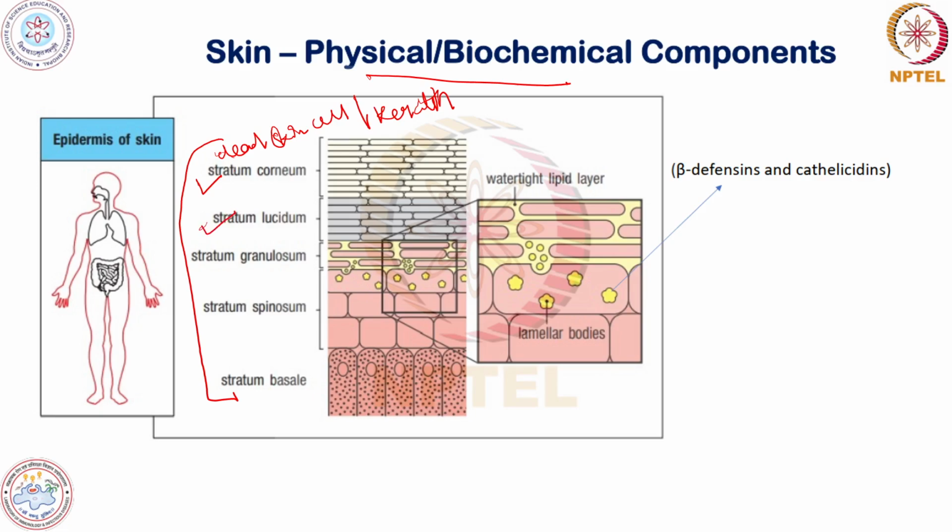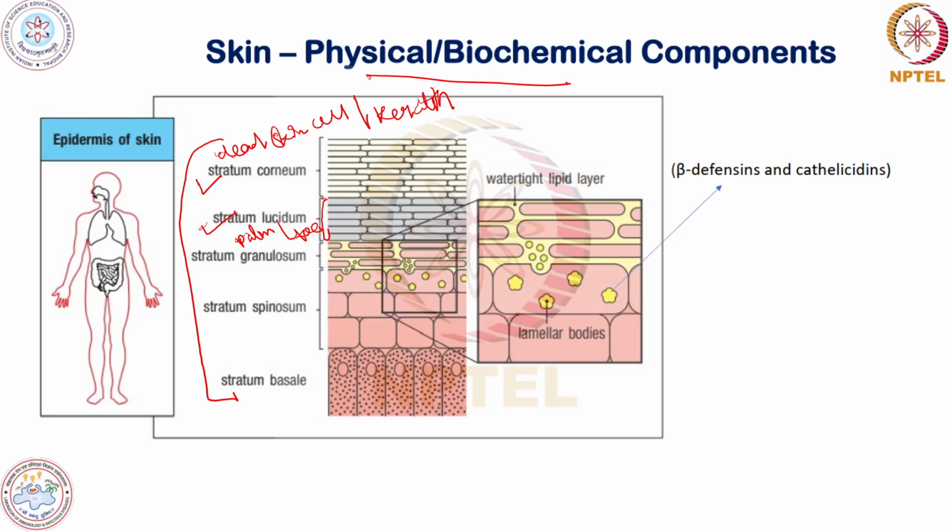The second one, from here to here, is the stratum lucidum, which is a thin, clear layer found only in thick skin. Thick skin is like our palm and our toe. So it is found at that thick part of our body. So this is the stratum lucidum, the second layer.